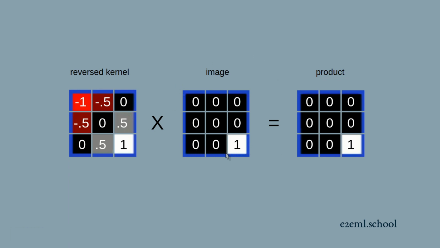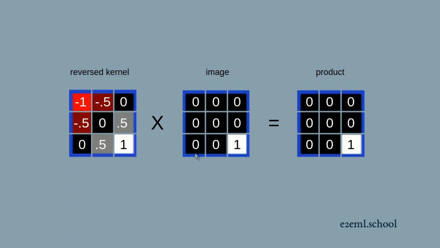It's a 1. All of those other elements are 0. They get multiplied by the corresponding pixel values in the reversed kernel. All times 0 equals 0. The only thing that's non-zero is this lower right value in the reversed kernel. So we have 1 times 1.